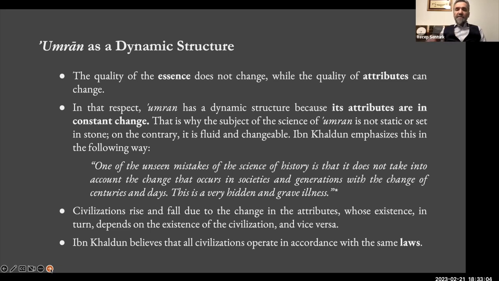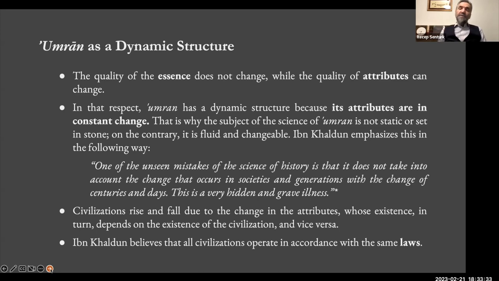Ibn Khaldun emphasizes this in the following way: One of the unseen mistakes of the science of history is that it does not take into account the change that occurs in societies and generations with the change of centuries and days. This is a very hidden and grave illness. So if you are a historian and you ignore change, this is a grave mistake.